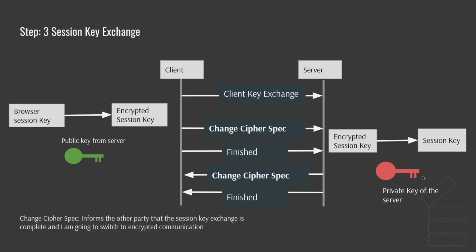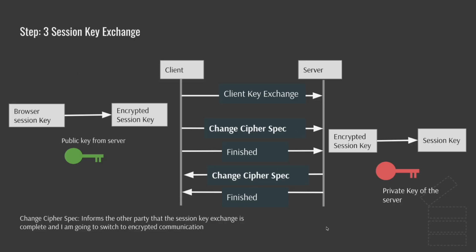So now the private key decrypts the encrypted session key, and the server has access to the session key. Now the server tells the client, okay, I have also got what I want, and I can also start doing the encrypted communication. And it sends a finished message ending the handshake process. So steps 1 to 3 are the handshake process.